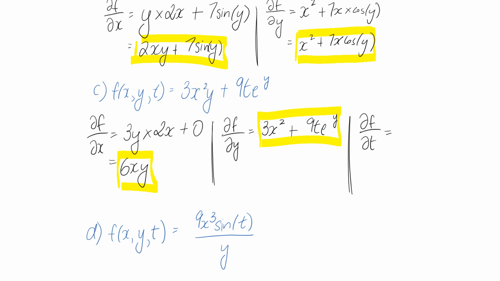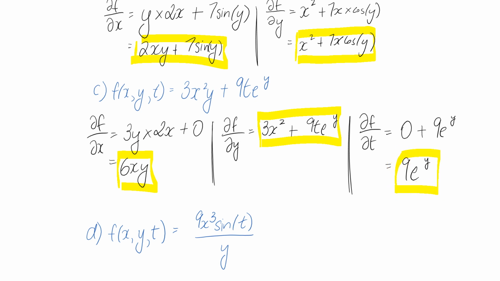The derivative of a constant is 0. So that one's easy. So now we look at this second term, all right, y we're considering a constant. So overall we could write this as 9e to the y out the front. And then we just need to take the derivative with respect to t, which is just going to be leaving us with the 9e^y. So overall our answer here is that.